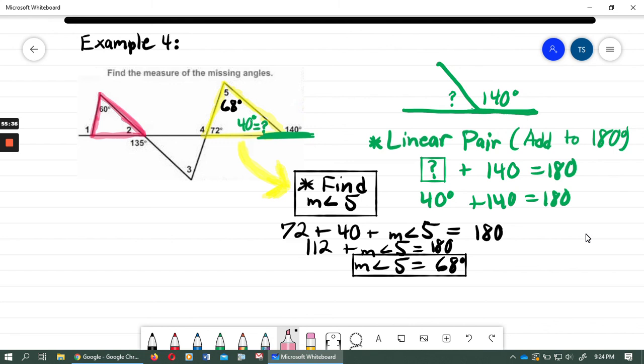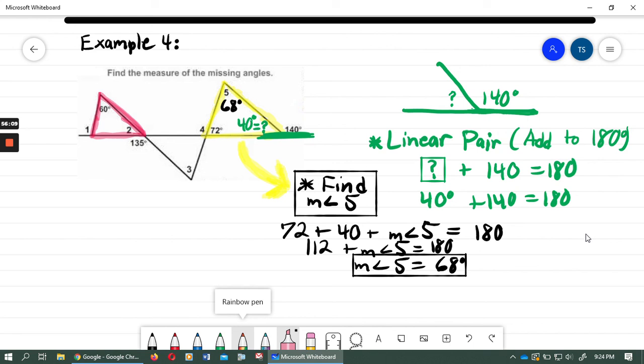All right, so folks, I hate to bunch this up like this for this one example, but I'm trying to show you the different things that we're doing here to figure out everything that they're asking us for. Oh, by the way, before we look at this triangle, let's go ahead and find the measure of angle 4 real quick.